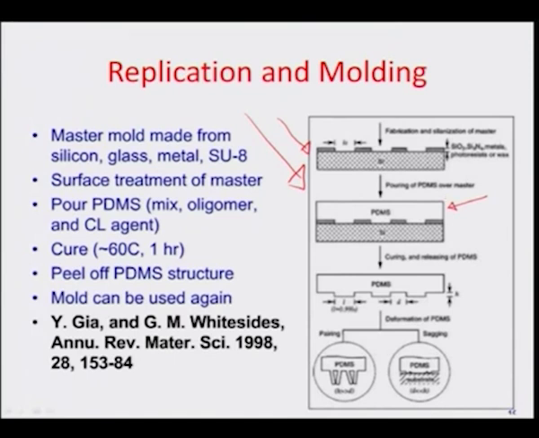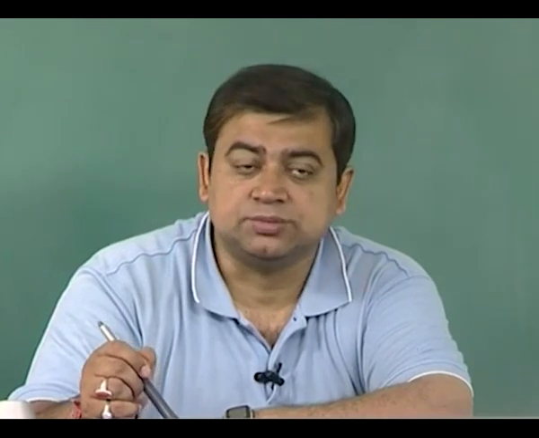Once you pour this polymer on top of this mold, which has already been coated by a mold release agent, you heat cure this PDMS at about 60 degrees for about 1 hour, so that it gets finely cross bonded. The cross bonding reaction is again heat catalyzed. If you put it in normal ambient room temperature, it can still get cross linked, but it would take a huge amount of time.